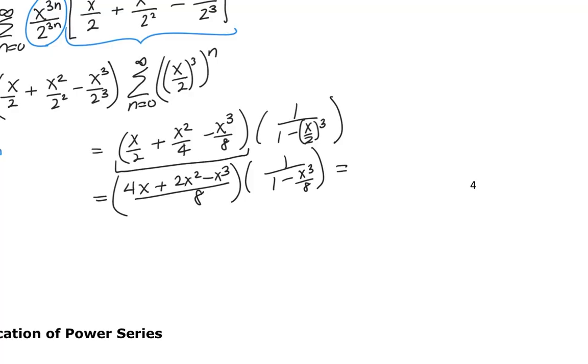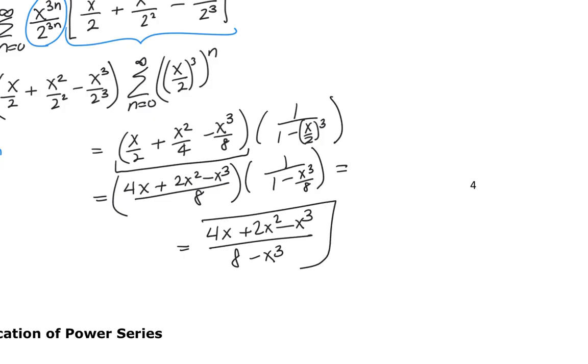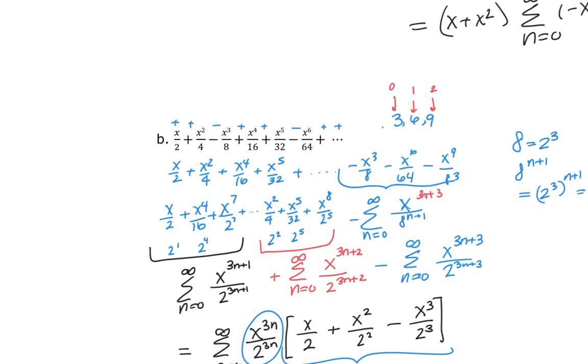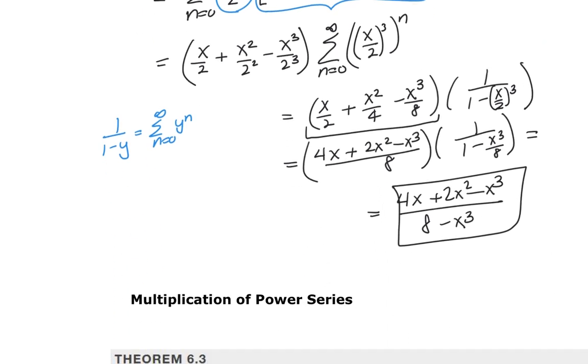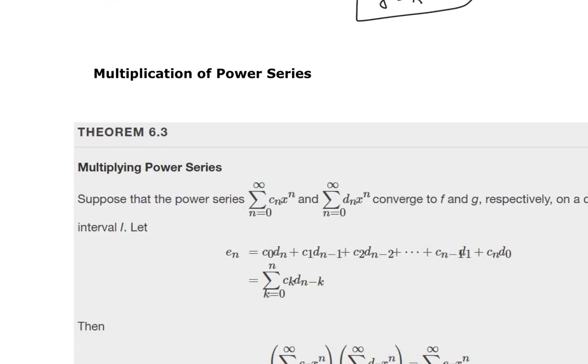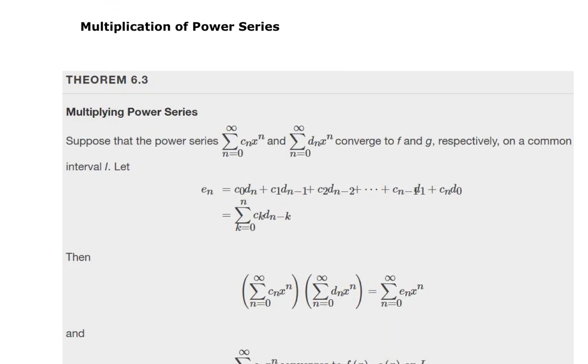So my final rational function is going to be 4x plus 2x squared minus x to the 3rd over 8 minus x to the 3rd. And there it is. This rational function represents this polynomial. Yay! Okay, now let's multiply some power series.